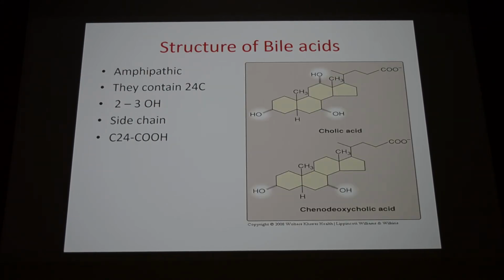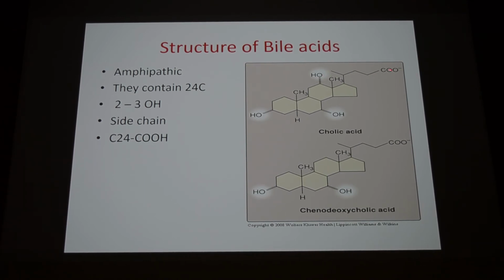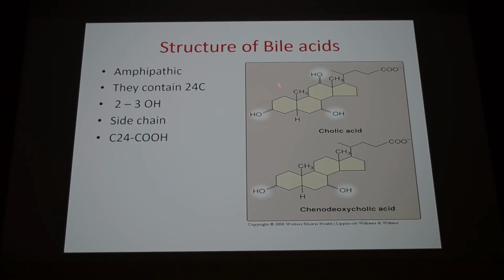So what are bile acids and how are they synthesized from cholesterol? Bile acids are amphipathic because they contain hydroxyl groups. We have 2 to 3 OH groups attached to the 4 rings. It contains 24 carbons, whereas in cholesterol it's 27, so there is shortening in the length of the hydrocarbon chain, and also there are hydroxylation reactions because we have more OH, depending on the type of bile acid.